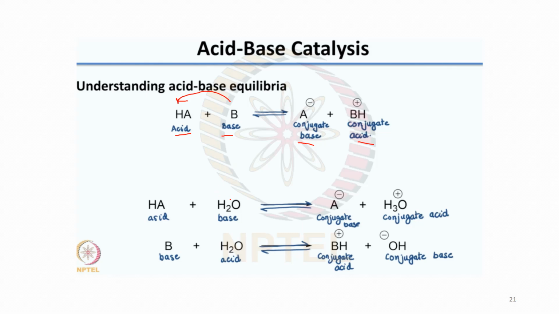So it will take a proton from the acid, forming the conjugate acid and leaving the conjugate base. Now in the presence of base, water acts as an acid. In this case, the base will take a proton from the water and form the conjugate acid, leaving the conjugate base in the system. Okay, I think it's clear.